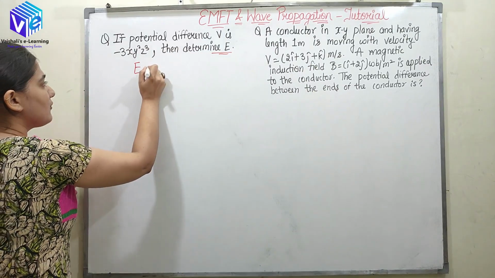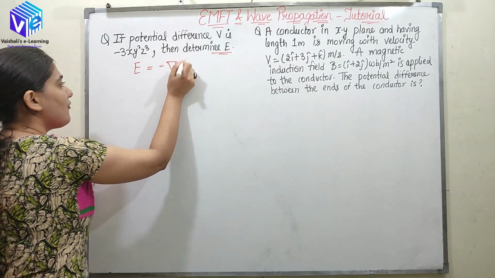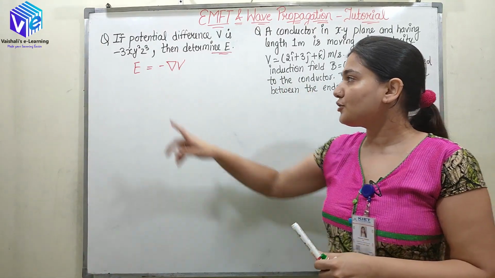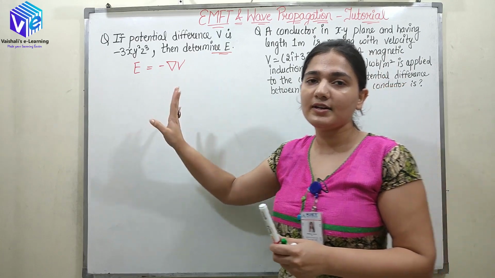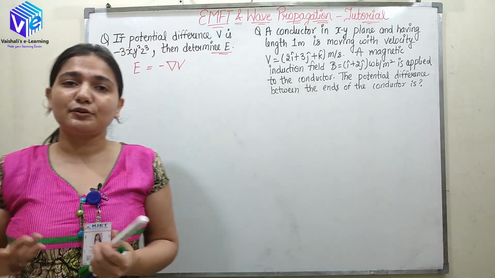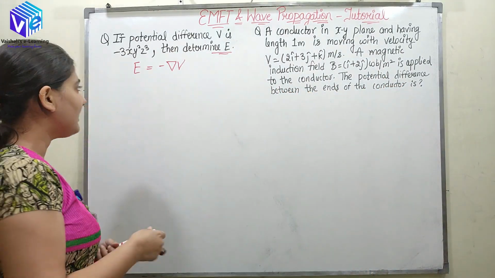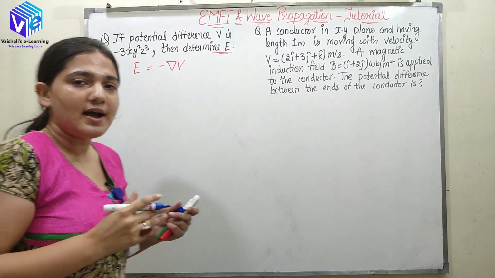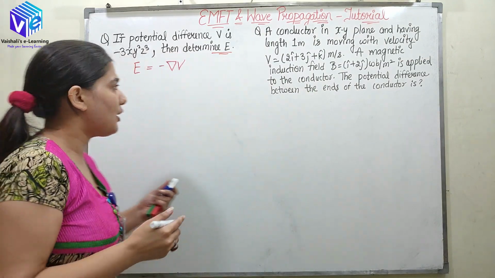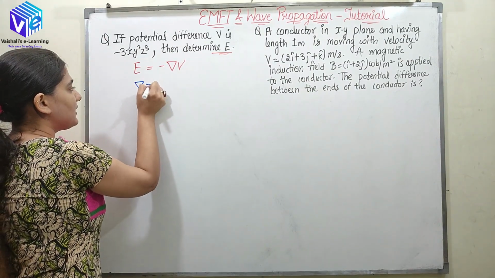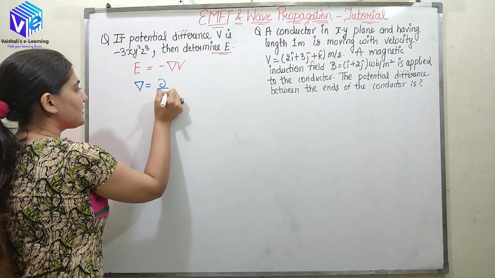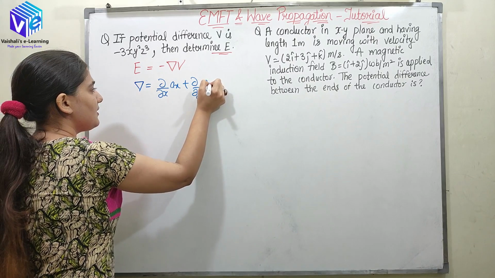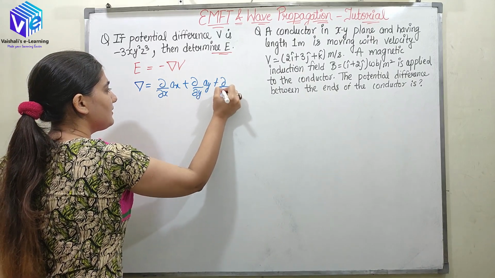Okay, so E is equal to minus del of V. I have discussed this formula in the previous video, where you can see where it came from. What is del? I hope you have seen the video on the del operator. Del operator is del upon del x ax plus del upon del y ay plus del upon del z az.